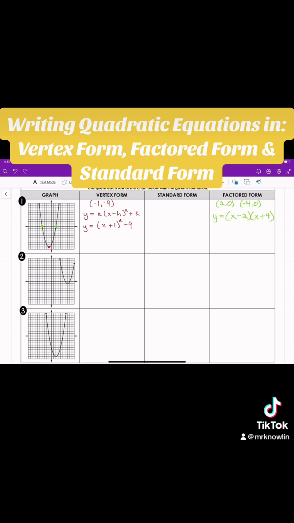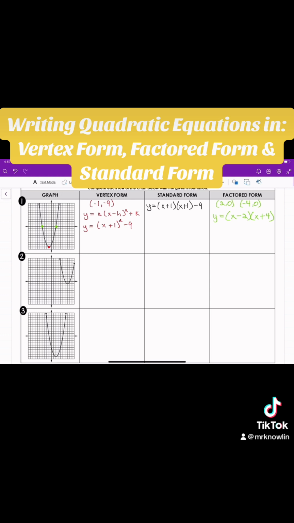Now, to get the standard form, we could simply simplify either the vertex or the factored form, and we would come up with the standard form. For example, if we expand the vertex form and then simplify it, we'll get our standard form. That would be y equals (x plus 1)(x plus 1) minus 9.